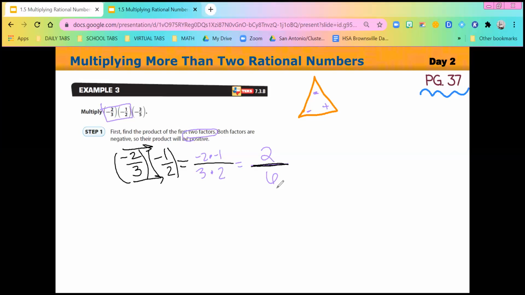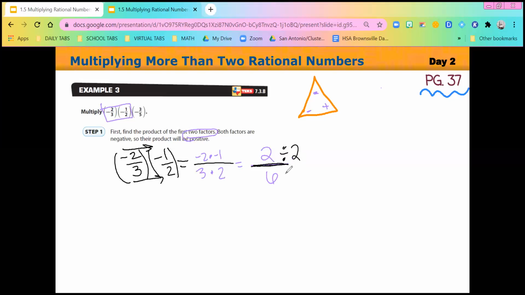And now probably the best thing we can do here is we can leave it like this, or we can simplify, because we should know that any fraction we get, we should always simplify it to its smallest form, just because that's probably going to be the answer choice that we're going to see, whether it's a CBA, DA, or even on your STAR. So I can find a number that these two have in common that I can divide by on the numerator and the denominator, and I can make these numbers a tiny bit smaller.